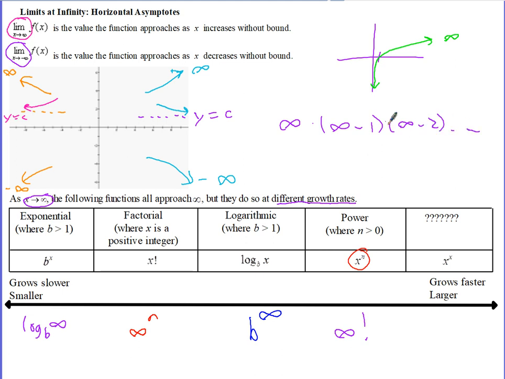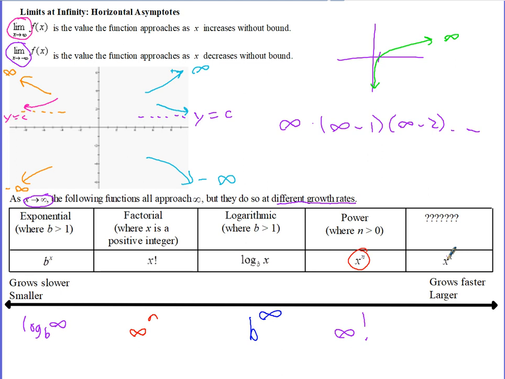So these are all almost infinite, essentially, if they multiply together. As opposed to b to the infinity would be like 3 to the infinity, an infinite number of 3's multiplied together. Here we almost have an infinite number of infinities multiplied together.